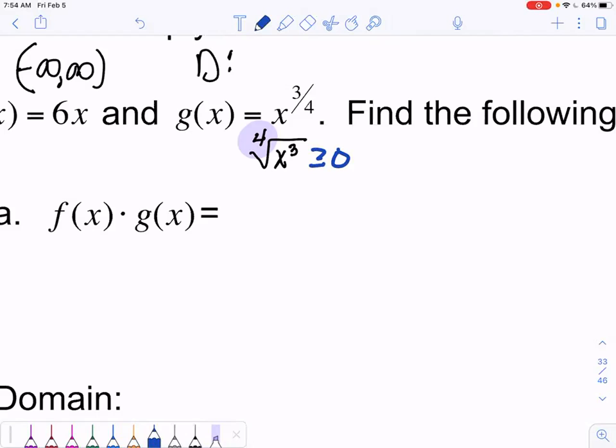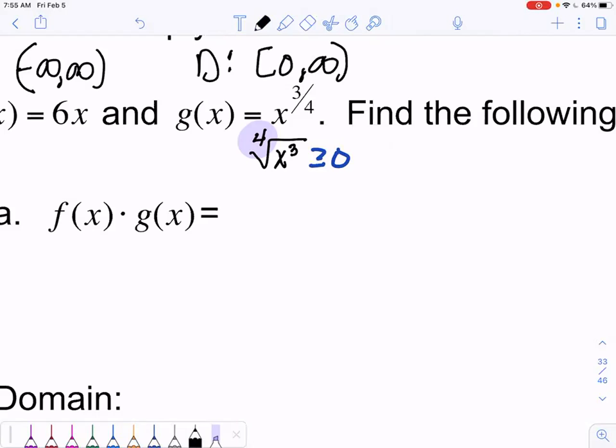So the even radicals all have to be greater than or equal to 0 for their domain. It doesn't matter if it's odd. Odd is okay because a negative and a negative and a negative still make a negative. But when it's an even root, it has to be greater than or equal to 0. So that means this domain would be 0 to infinity.